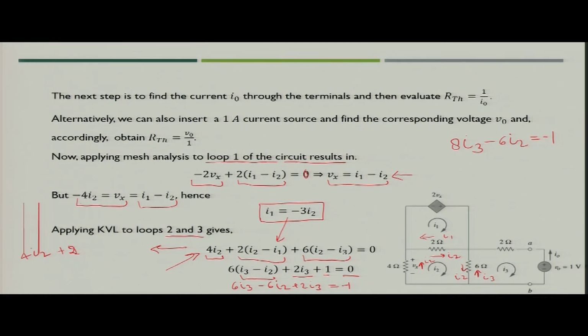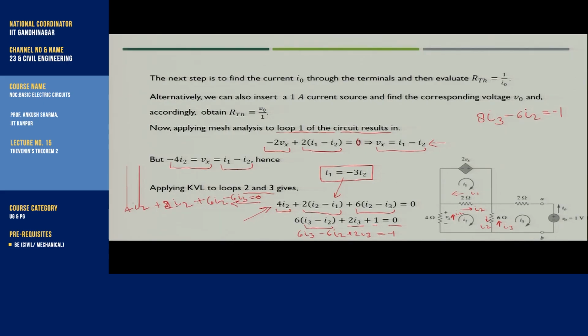So this will finally become 8 I2 plus 6 I2 minus 6 I3 equal to 0. When you simplify, you will get 18 I2 minus 6 I3. So minus 6 I3 plus 18 I2 is equal to 0.